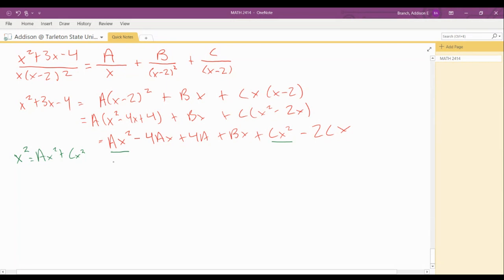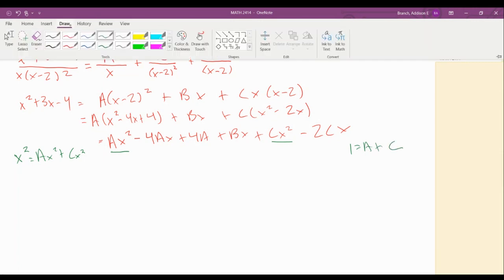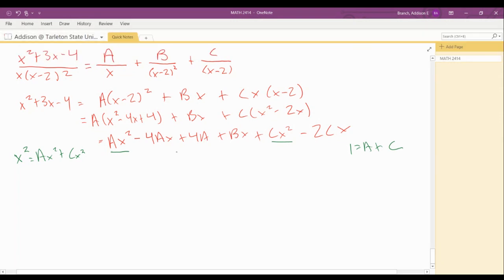So therefore, we can convert this into part of a system of equations, where our coefficient for x squared gives 1 equals a plus c. We can then combine our just x to the 1, where we have 3x is equal to negative 4ax plus bx minus 2cx.